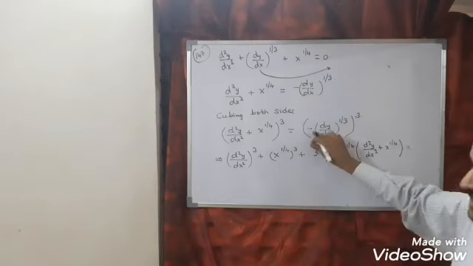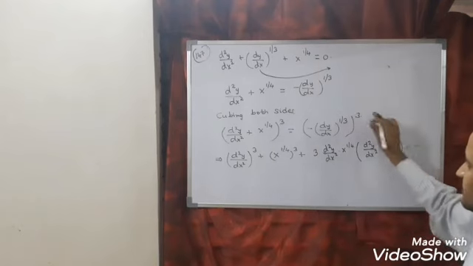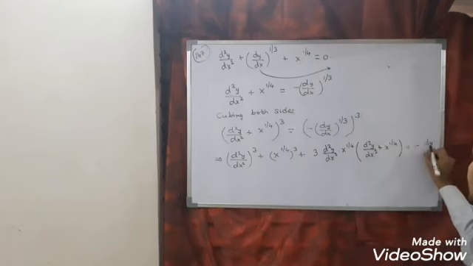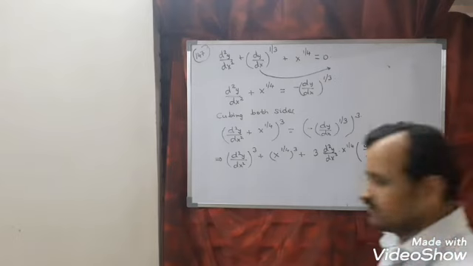So a cube plus b cube plus 3ab into a plus b is equal to, so minus power is odd, minus will come, 3 will get cancelled, you will get dy by dx.